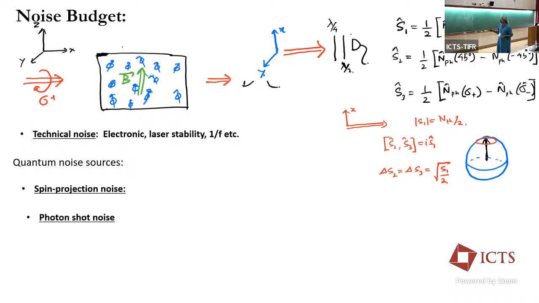If you have fully X-polarized light, there's still an uncertainty cloud around Y and Z. If you have a coherent state such that these fluctuations are exactly equal, it goes as the square root of your Stokes vector average, which is the number of photons in the X direction. So that's the square root of the number of photons.